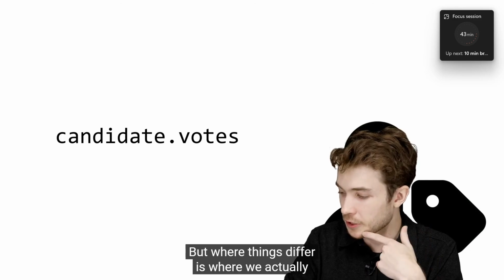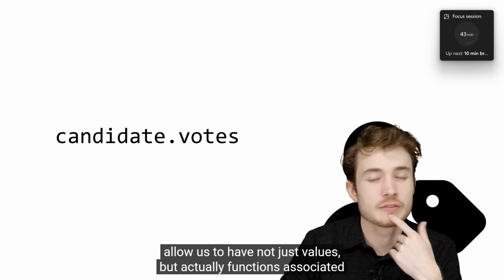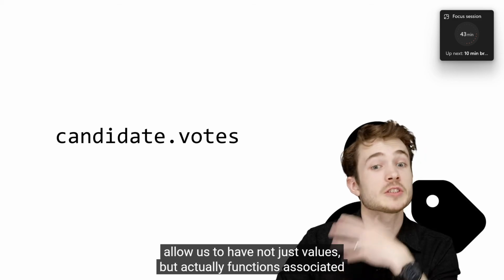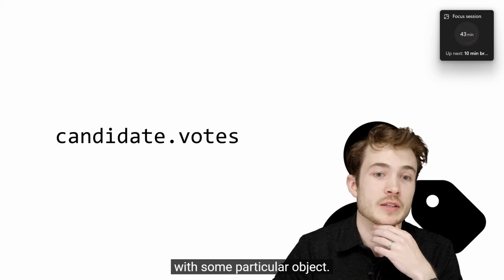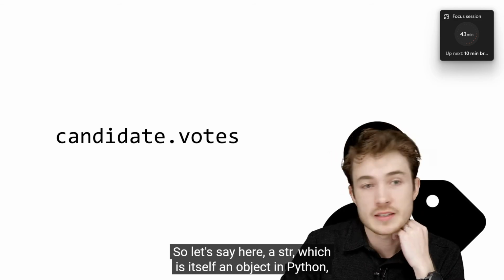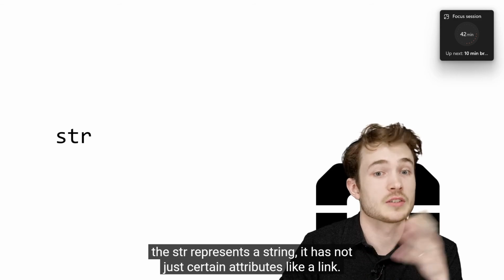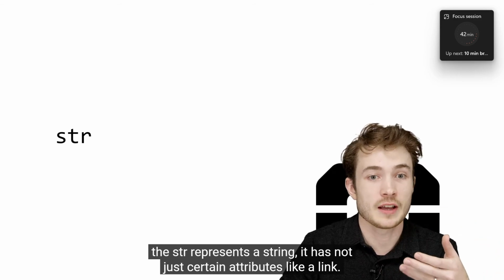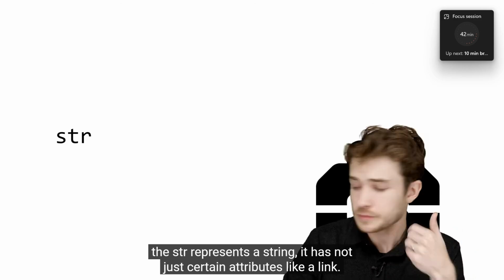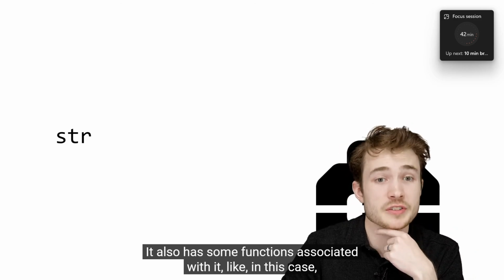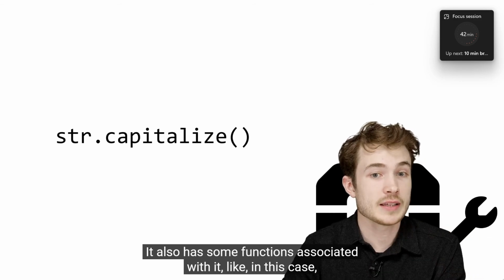But where things differ is that objects allow us to have not just values, but actually functions associated with some particular object. Let's say here a str, which is itself an object in Python. The str represents a string. It has not just certain attributes like a length, it also has some functions associated with it, like in this case, capitalize.